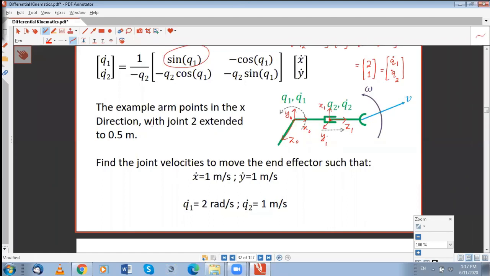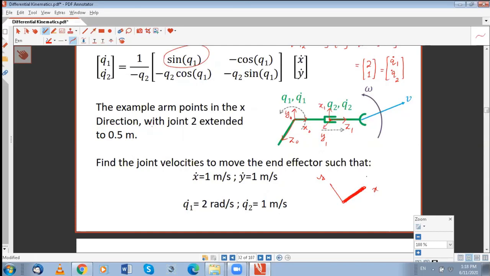ठीक है, तो Q1 की वैल्यू 0 इसलिए है कि इधर देखें, if these are your two X and Y coordinates, let's say X and Y, and I have this link.